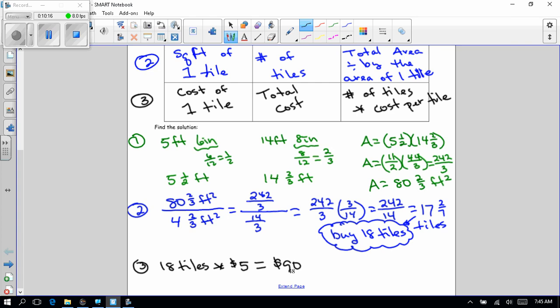All right, so I've calculated the cost. Ultimate question, do I have enough money for this project? I do. I have enough money. How did I know that I had enough money? Because $90 is less than the $100 that I have to spend, right?